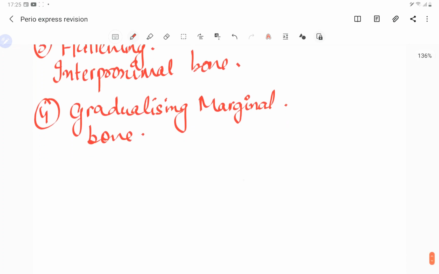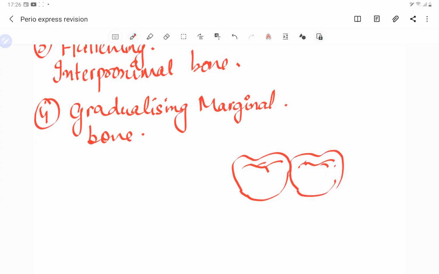Say suppose, guys, this is a tooth, another tooth, and the bone was straight like this. Now we have to give a nice contour to the bone. We are giving a positive architecture to the bone. So the proper contouring of the bone for maintenance is gradualizing the marginal bone.